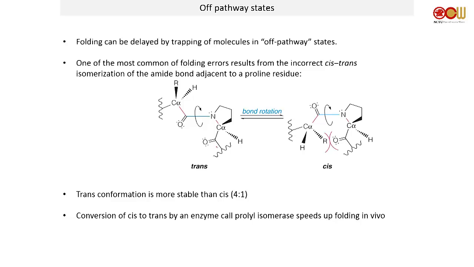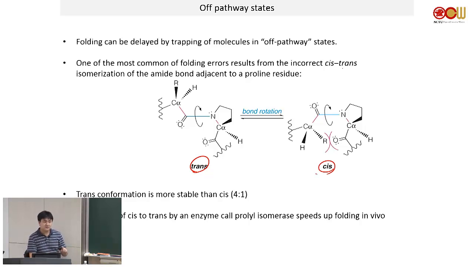One very good example is proline's cis and trans conformation. Folding can be delayed by trapping of molecules in the off pathway state. In this particular case, the isomerization between trans and cis can happen given that you have an enzyme. One of the most common folding errors results from the incorrect cis-trans isomerization of the amide bond adjacent to a proline residue. That means that during translation and during folding, sometimes you can actually have a trans to cis flip.